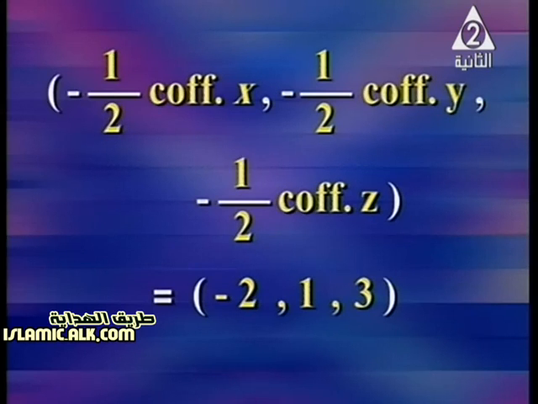Remember, dear student, when we determine the center of a sphere from the general equation, we use the rule: the center is -1/2 coefficient of x, -1/2 coefficient of y, -1/2 coefficient of z. -4 over 2 is -2. -2 over 2 is 1. -6 over 2 is 3. Then the center is (-2, 1, 3).